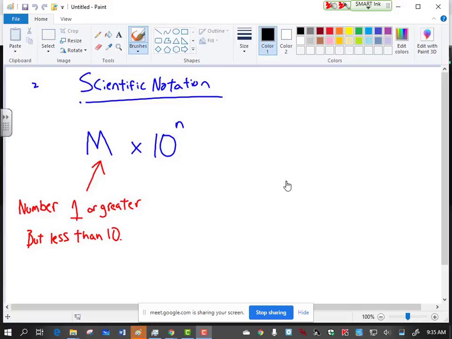Okay, so any number can go there as long as it's 1 or greater, but less than 10.